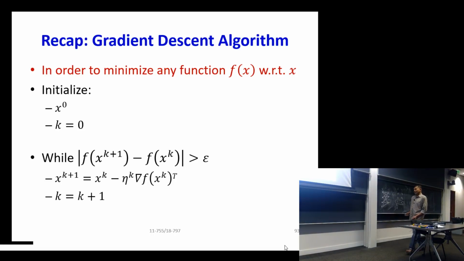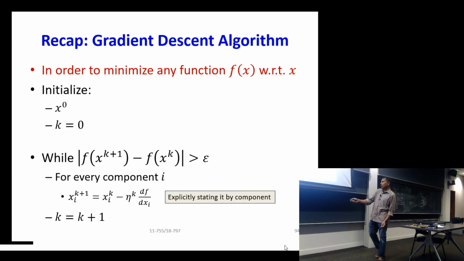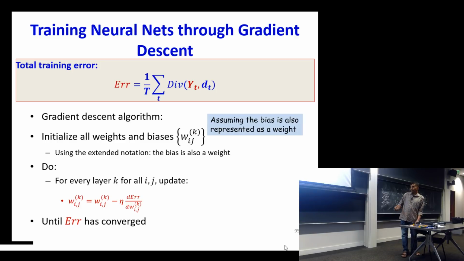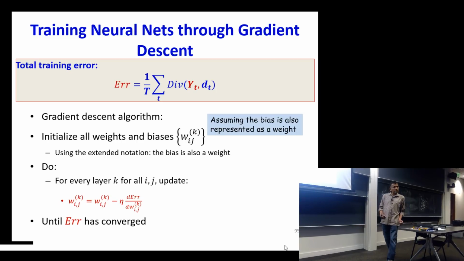If I explicitly write it out, let me do this on the actual parameters of the network. I have many layers, and for every layer, I have several connections. So I'm going to iteratively go over my data and keep updating my weights against the derivative of the error with respect to that parameter. This is the partial derivative of the error with respect to the parameter. This is exactly gradient descent.